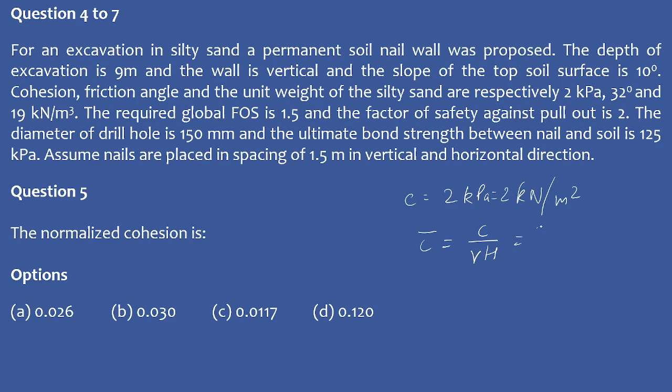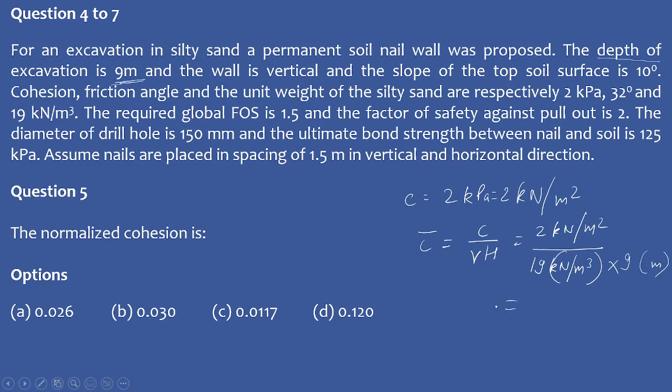C is 2 kilonewton per meter square. H is the height of the wall available with us. Gamma is the unit weight, 19 kilonewton per meter cube, into H, the depth of excavation, which is 9 meter.